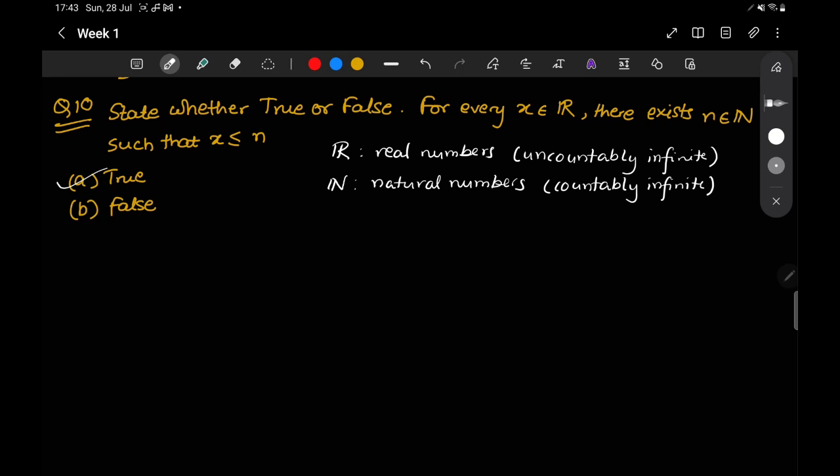So what does countably infinite mean? It goes like 1, 2, 3, and so on and so forth. Whereas with real numbers, even between 1 and 2 you have 1.1, even between that you will have 1.01 and so on and so forth. You can't really count them. So that's why it's uncountably infinite.